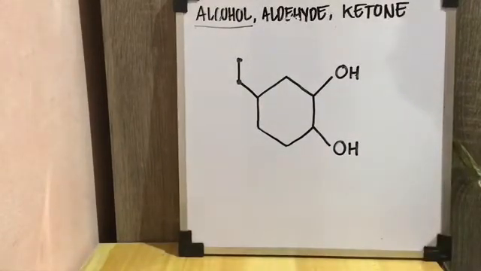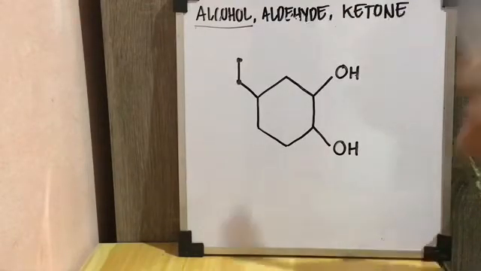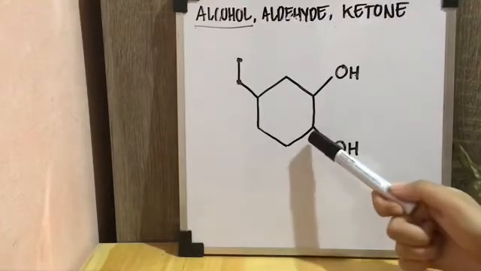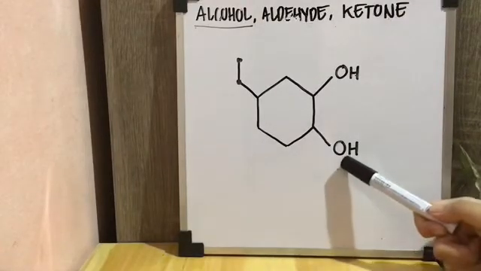So with that in mind, we need to start counting now. Or actually the question is, where should we start counting? Now we start counting from where the structure first becomes functional. In this case, this structure became functional at this carbon because this is where it started.